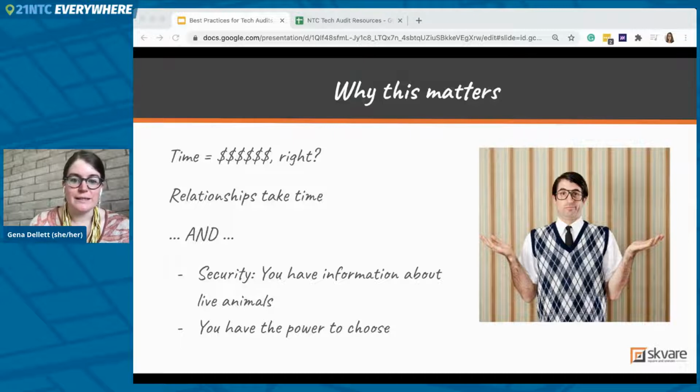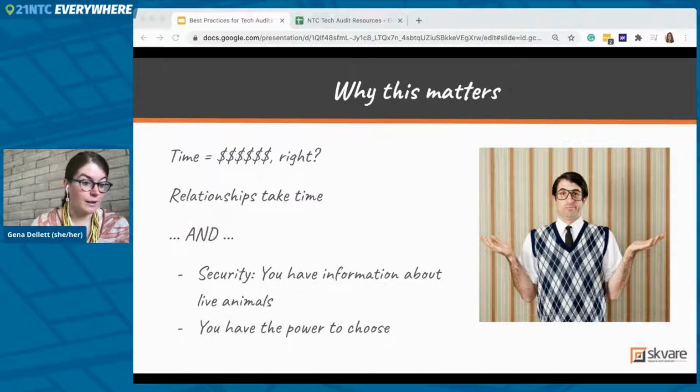There are a few other reasons why this matters. Time is money, as they say, and relationships take time, and relationships are what fuel the work that you do, whether that's partnership, individuals, or clients. The security of everything that you're tracking and holding in your systems really does matter, because you have information about live animals.